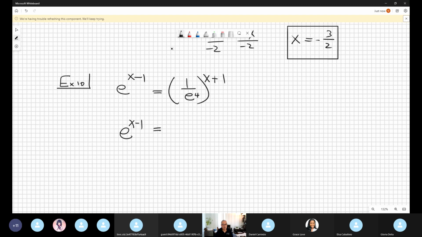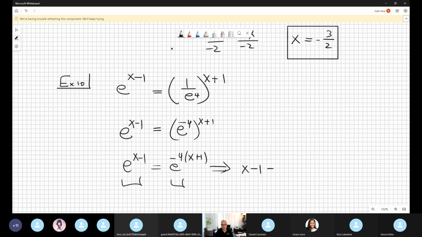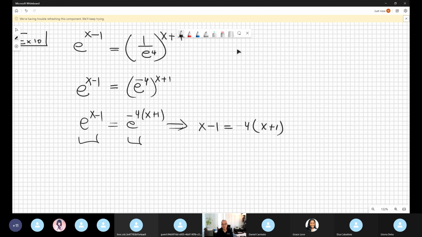I just bring down the 1. However, because of the reciprocal, I know very well the reciprocal is negative 4, so you change the sign of the exponent x plus 1. Now e to the x minus 1 is equal to the multiplication, where the exponent is e to the minus 4 times parenthesis x plus 1. Now ready. Two exponentials, same base, so the exponents are equal. x minus 1 is equal to minus 4 times parenthesis x plus 1, and we have a linear equation. You solve it in 5 seconds.